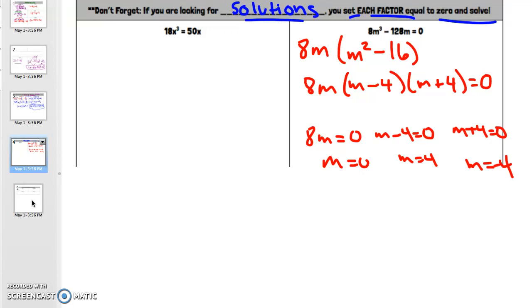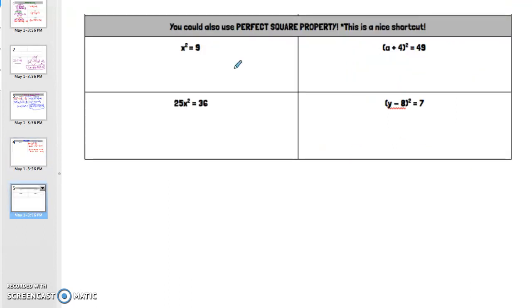Moving along to the last slide here, you could also use the perfect square property, and this is a shortcut. Check this out. If each side of the equal sign is a perfect square, you can take the square root of both sides.